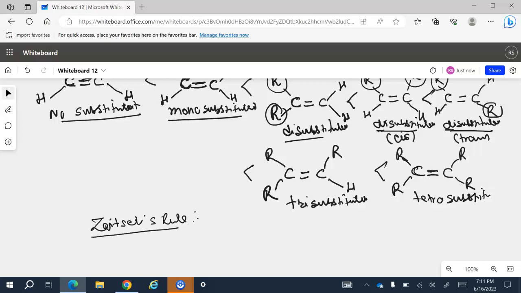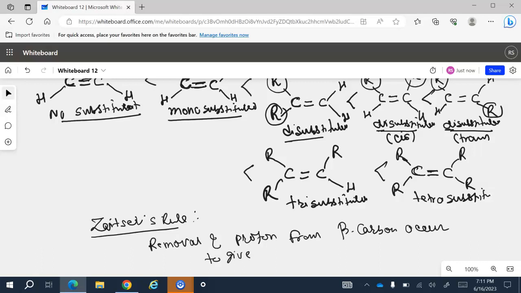According to this rule, the removal of a proton from the beta carbon occurs in the E2 reaction to give the more stable alkene.